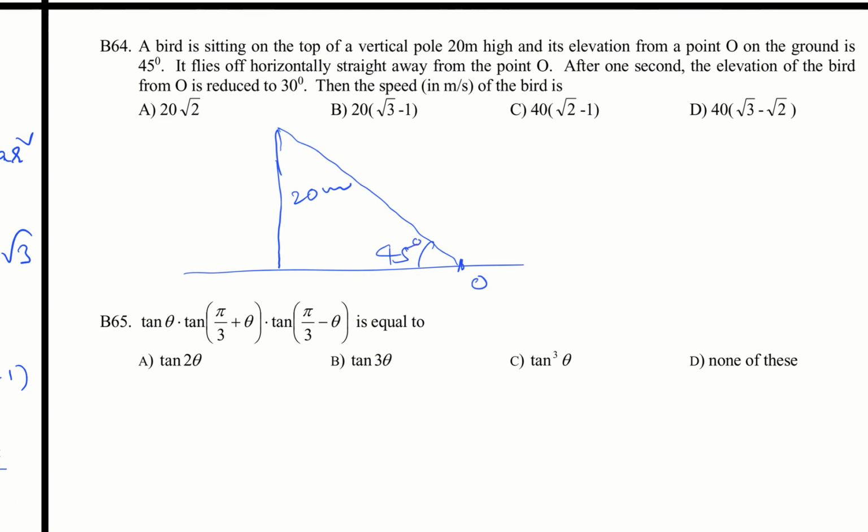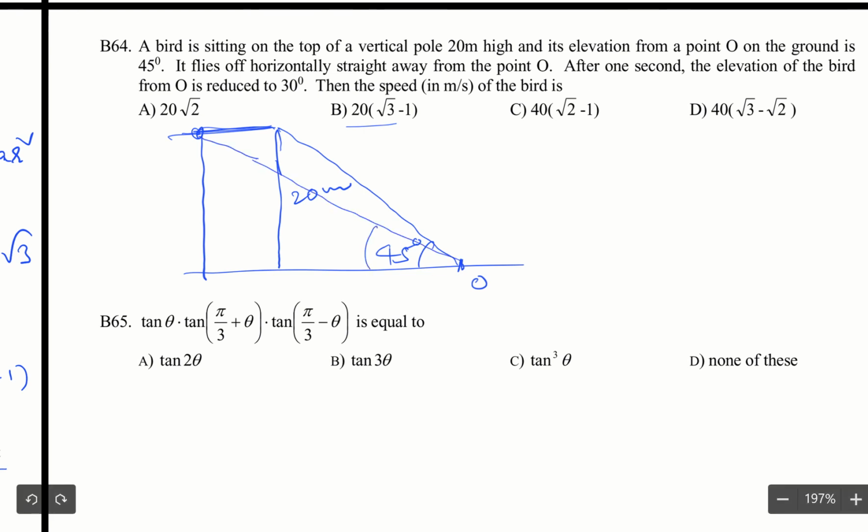It flies off horizontally straight away from the point O, horizontally away from O. That's why not this side, not this side, it is that side. After 1 second, say it is here, the bird is here, and the elevation is found to be 30 degrees.